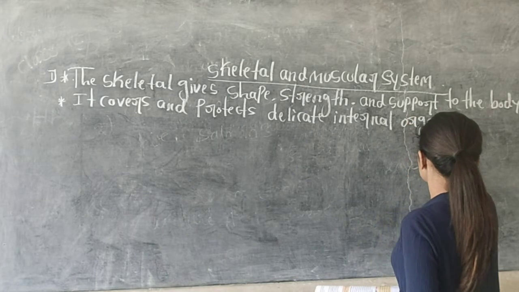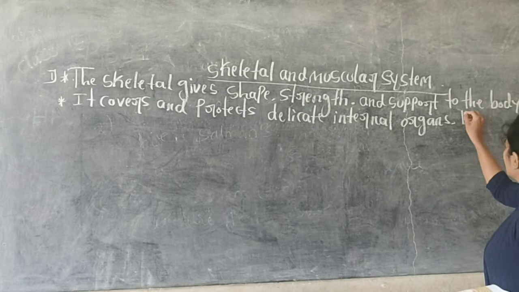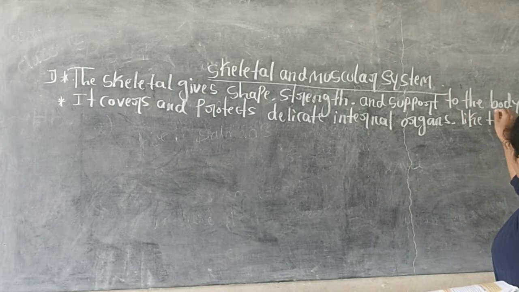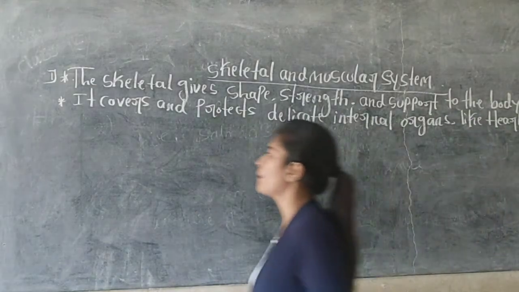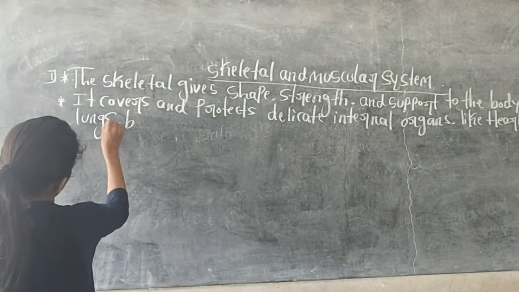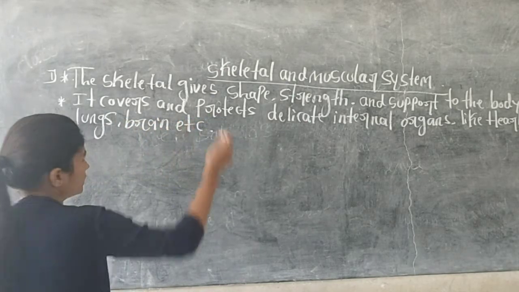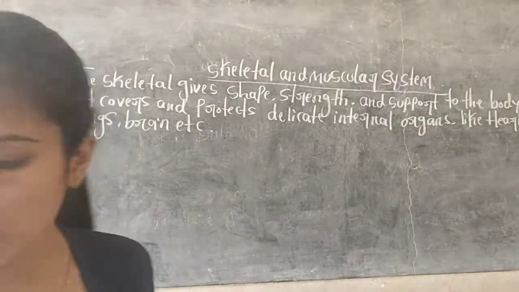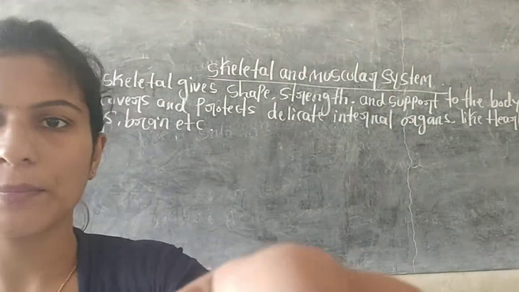So what are the internal organs? You know that, like heart, lungs, brain, etc. So these are the 2 important uses of the skeleton in our body.